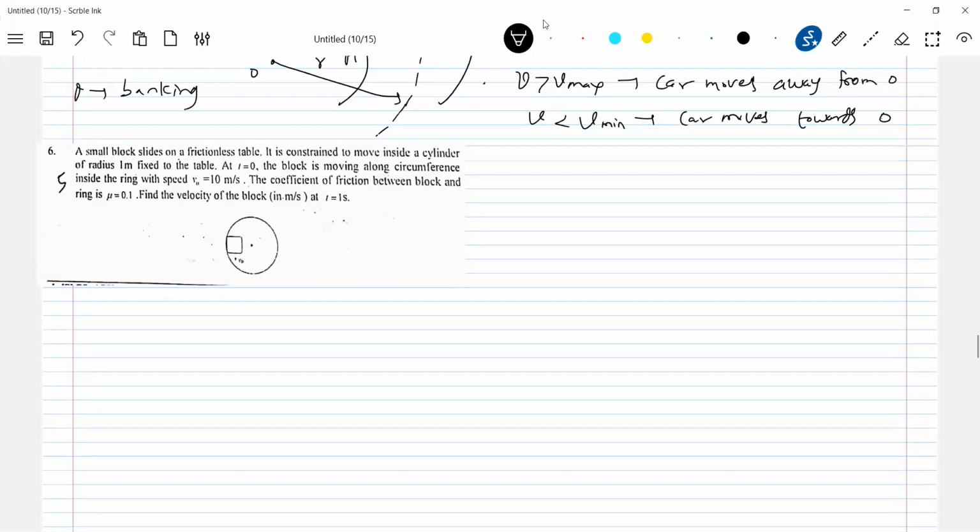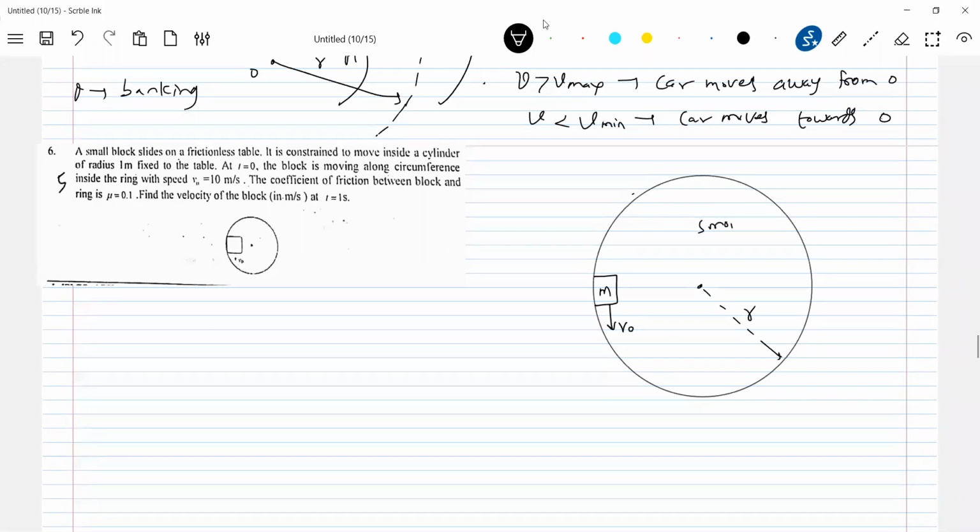I'll give the diagram. There's a block. It is given velocity v0, and this is the radius r. This surface is smooth. This inner wall will be rough.